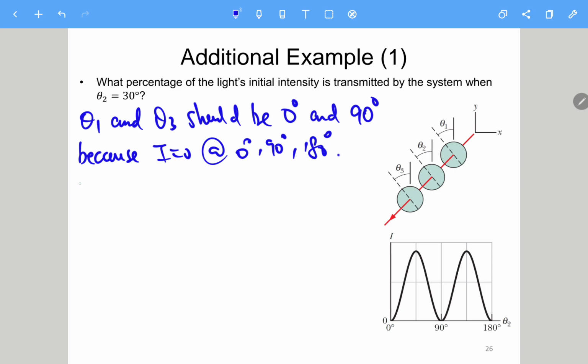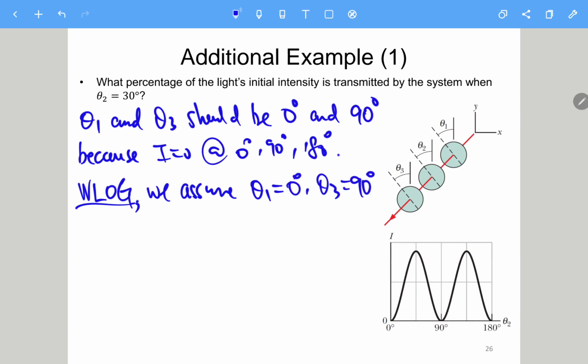Then we can say, without loss of generality, we assume theta 1 is 0 degrees and theta 3 is 90 degrees. If you don't believe it, you can try assuming theta 1 is 90 degrees and theta 3 is 0 degrees. You will get exactly the same answer.